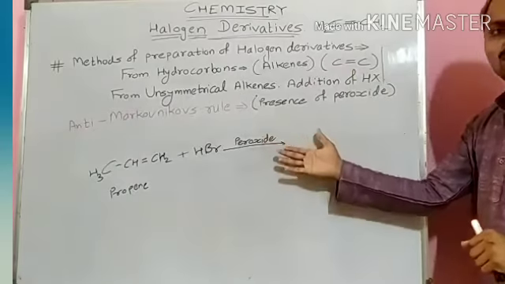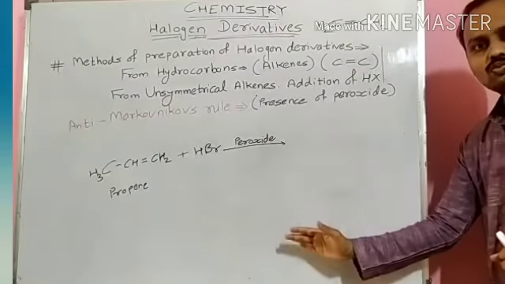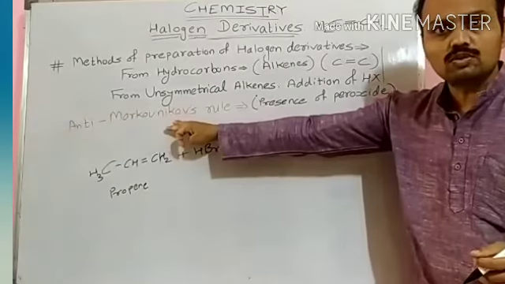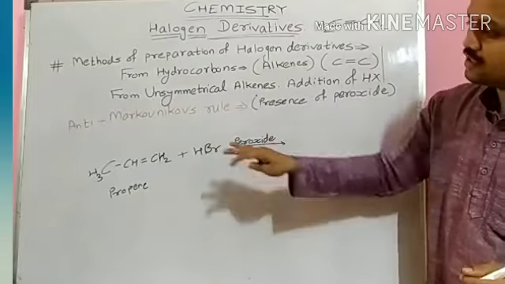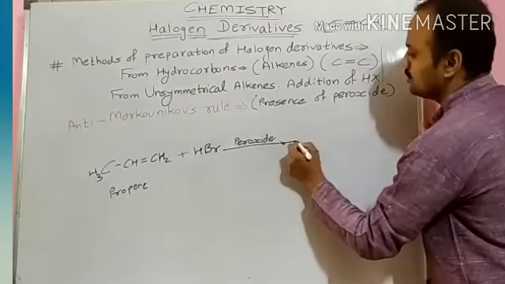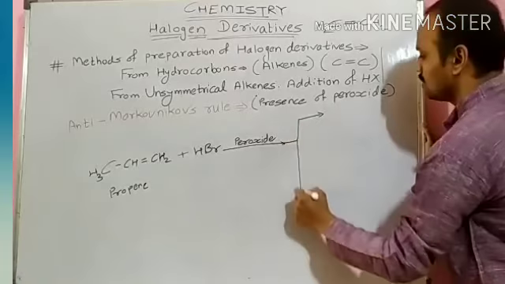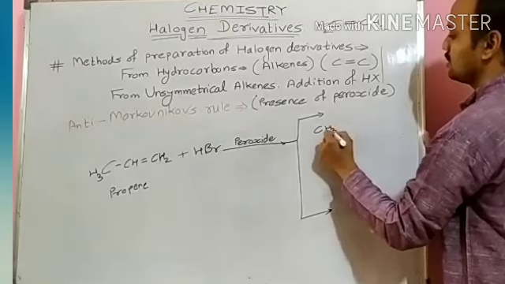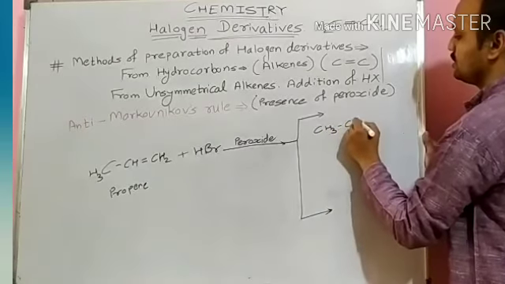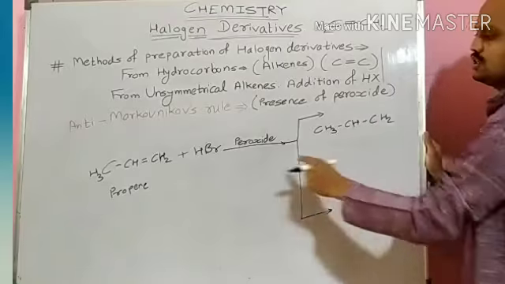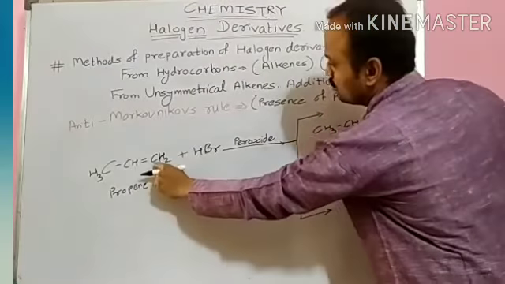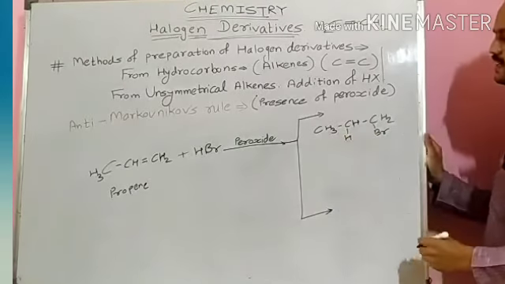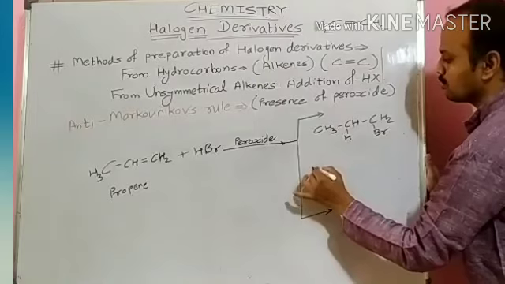As in the previous example, we had 2 products. Here also we get 2 products. One will be major, whichever is according to our anti-Markovnikov's rule, because we have used peroxide, and the other will be the minor product. So we will have 2 products, CH3 CH2. If bromine gets attached to the first carbon atom and hydrogen to the second carbon atom, the product will be 1-bromopropane.